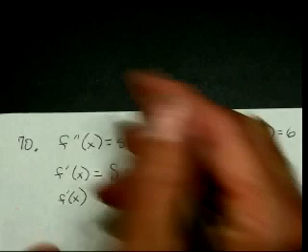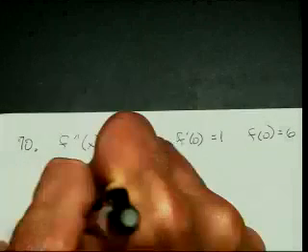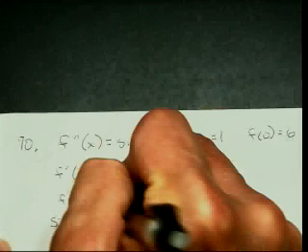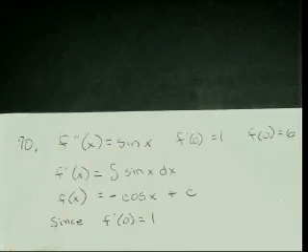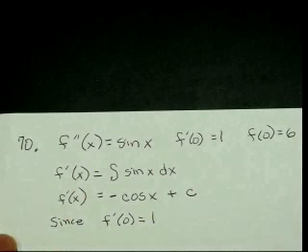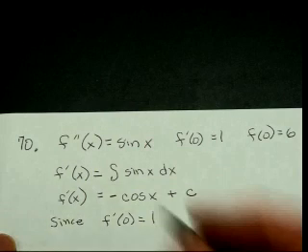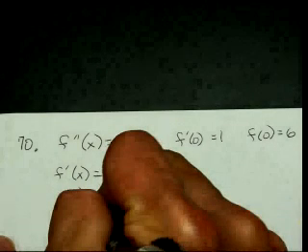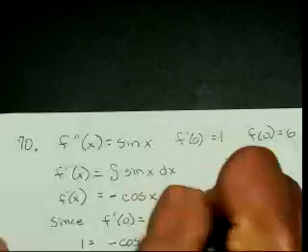I'm going to say since f prime of 0 is 1, what does that tell me I can do? Let x be 0 and set the whole thing equal to 1. 1 equals negative cosine 0 plus a constant.